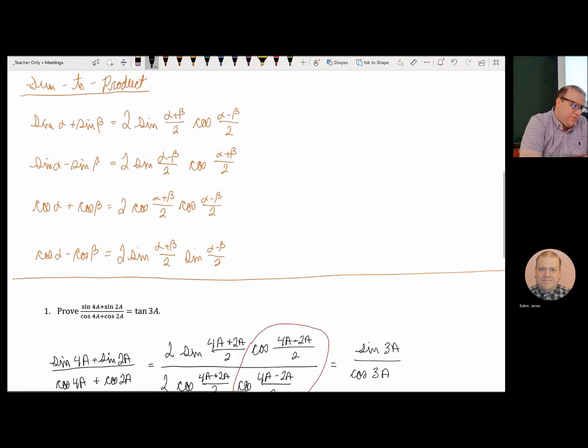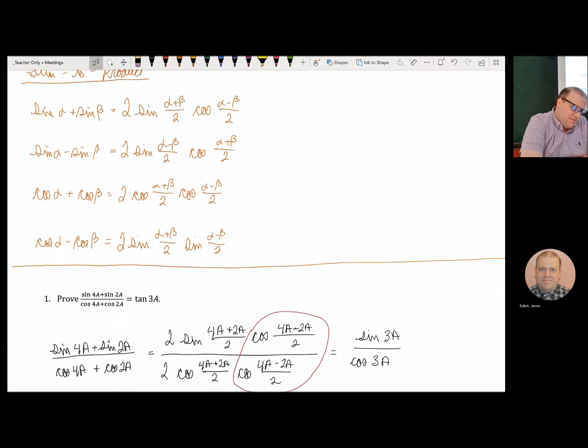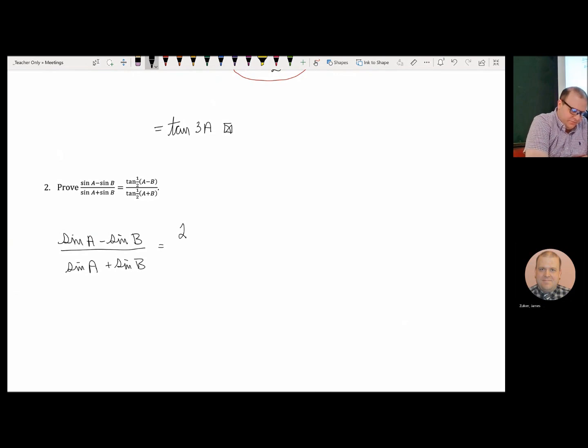They're going to use the difference to product for sine. Two times sine of a minus b over 2 times cosine of a plus b over 2.